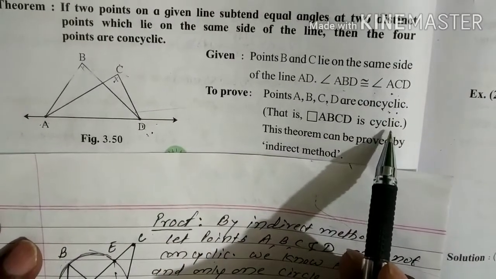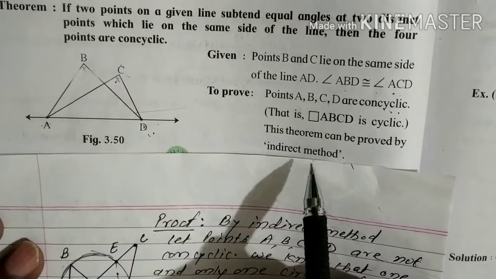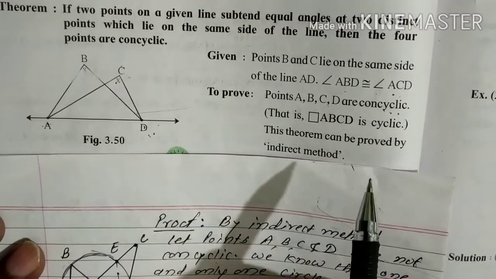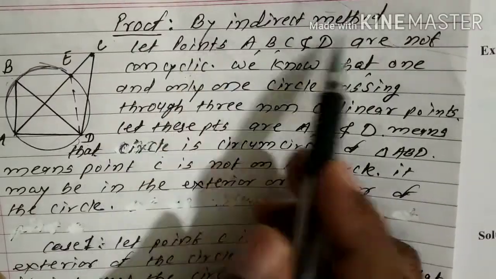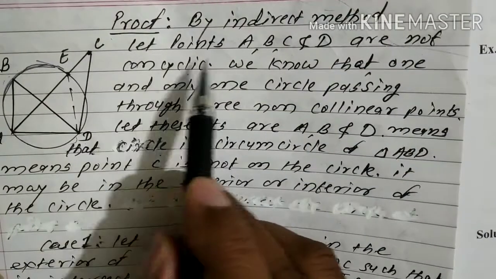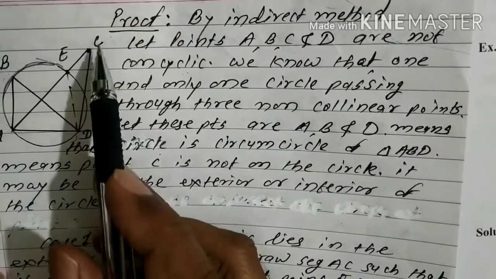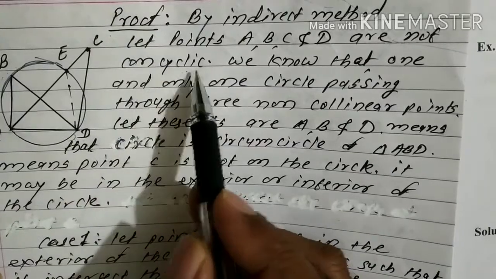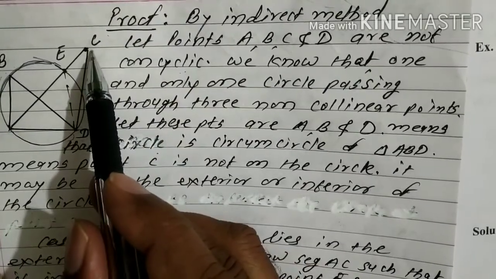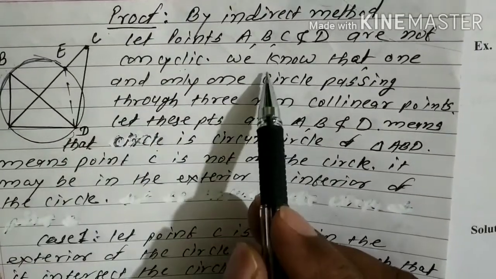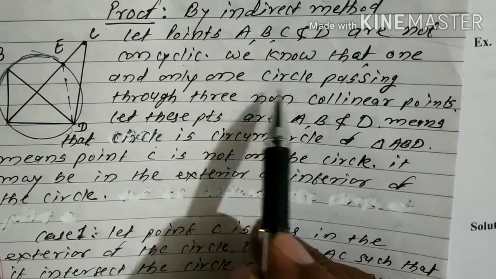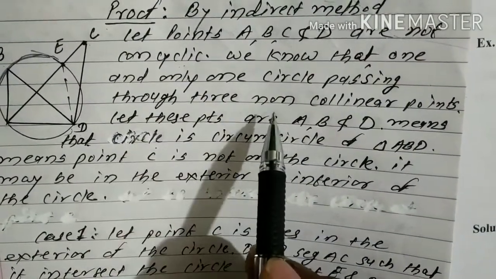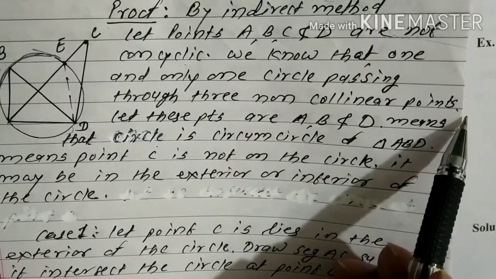You prove this theorem by the indirect method. Now, by the indirect method, let points A, B, C, D be not concyclic, means point C is not on the circle. We know that one and only one circle passes through three non-collinear points.